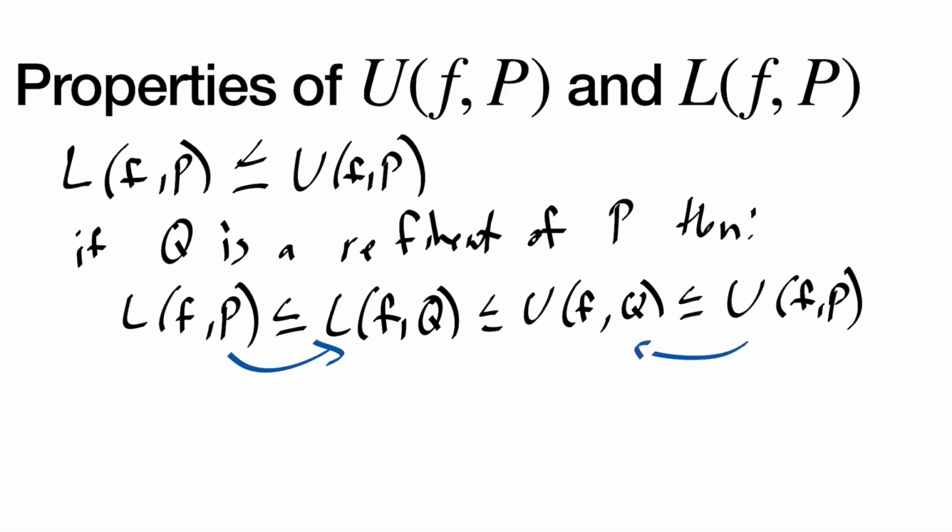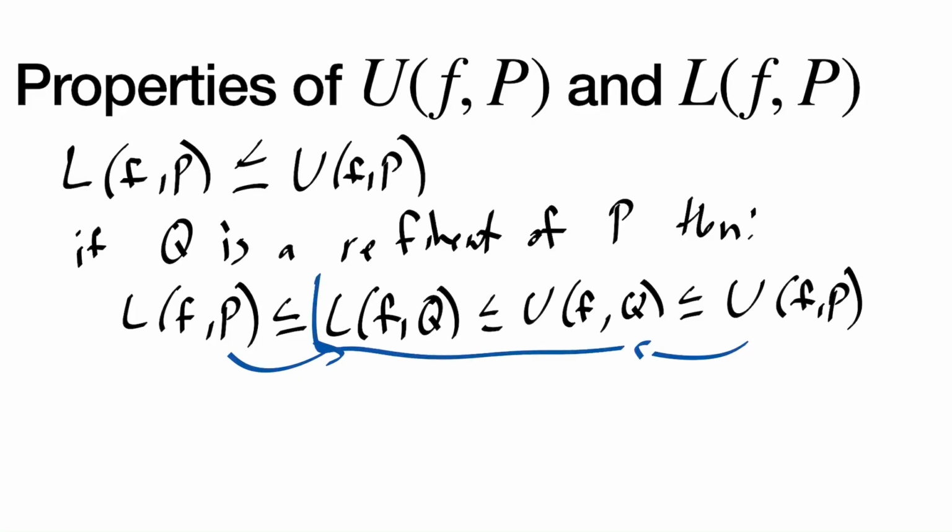So this is the idea: refinements make lower sums bigger and upper sums lower. And this makes sense because this is what you think would happen if you go back to calculus class and you draw a bunch of those rectangles. As you add more and more rectangles, your lower estimates become larger, your upper estimates become lower, and the two meet in the middle wherever the actual area is. Well, this theorem is trying to get at that idea.